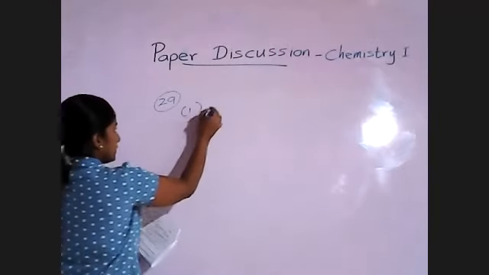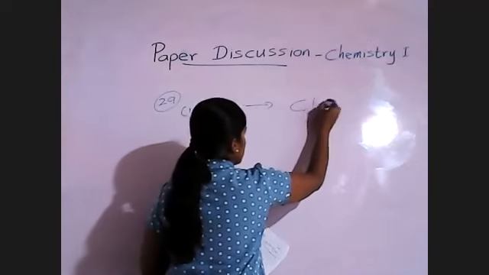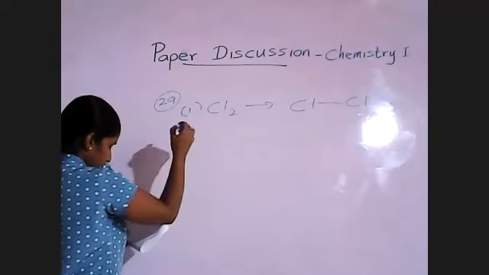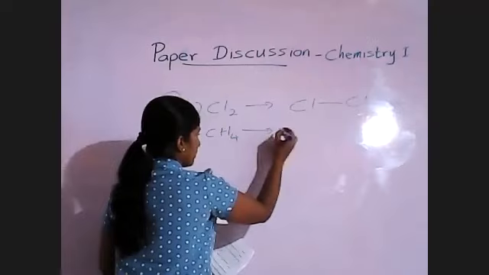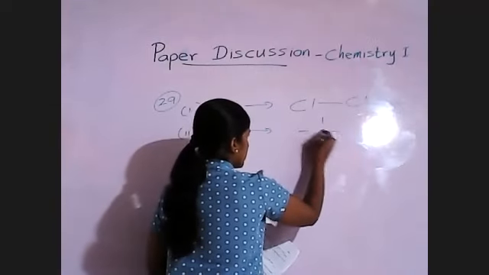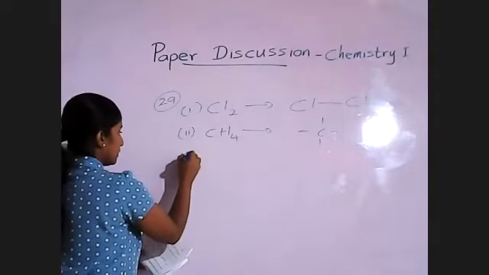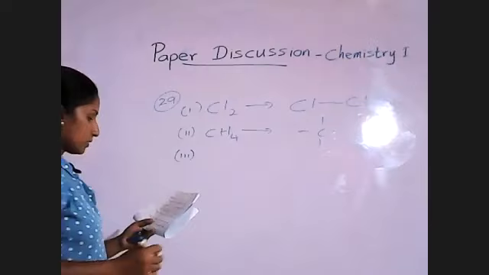First one, Cl2. What is the bond? Cl-Cl. Only one bond is there. We have to find the 2 covalent bonds. CH4: in this way, 4 bonds are there. Look at the third one, HCl.